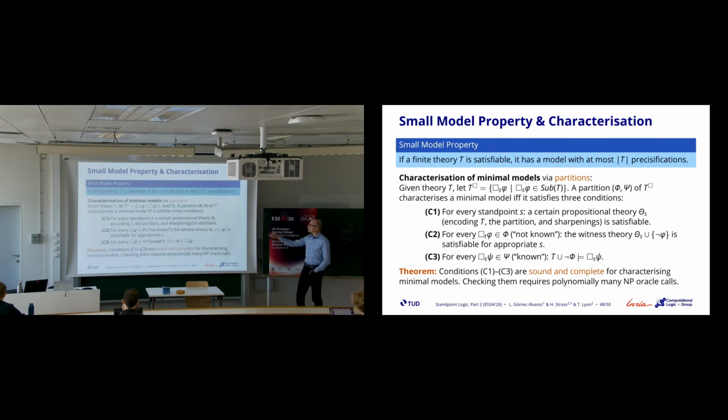Right? And this can also be guessed easily because we only have to look at the theory, look at all the subformulas, and then for each subformula, guess whether we put it here or there. Right? So this is easy to guess, easy to represent.